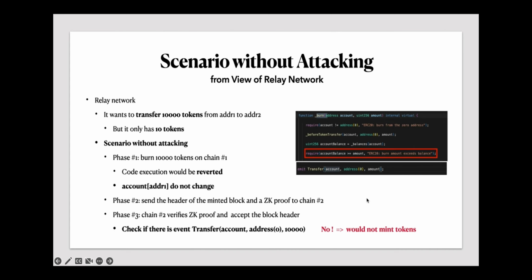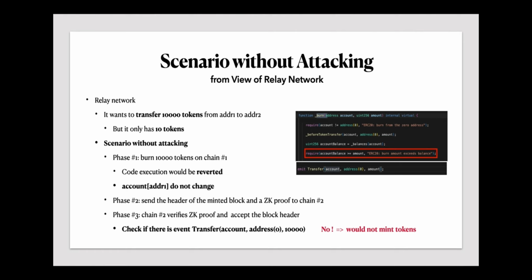However, if not carefully designed, there could be a vulnerability that can be leveraged by attackers. For instance, in this relay network, if someone tries to transfer, for example, 10K tokens from address 1 to address 2, however it only has 10 tokens, how would it look in a normal fashion?